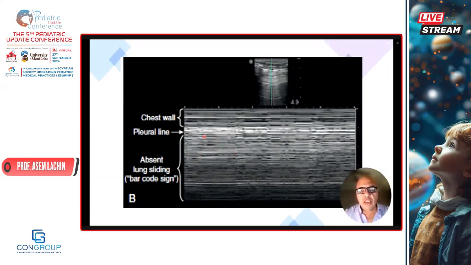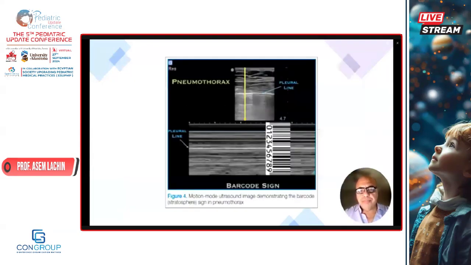Here, the tissue of the lung under the pleura is not moving, so it appears as horizontal parallel lines with different thickness and different echogenicity, giving the picture of the barcode. This is a typical barcode, and this is the most common and most famous sign of pneumothorax.